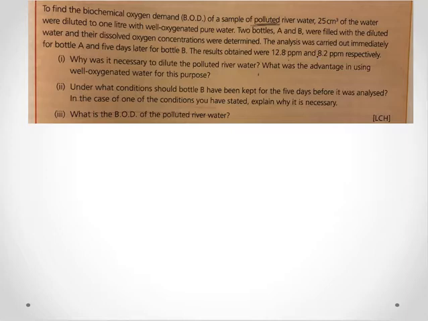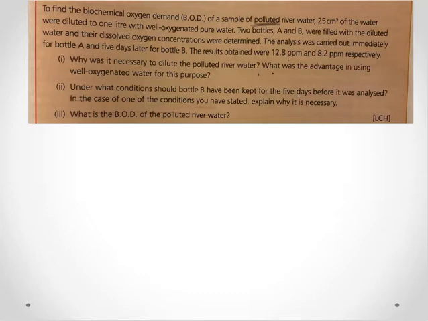So to answer that question, you need to say that you have to dilute the water, because if you use the undiluted water, there might not be enough oxygen present after 5 days to get an accurate result by titration. Okay, so number 2, under what conditions should bottle B have been kept for the 5 days?